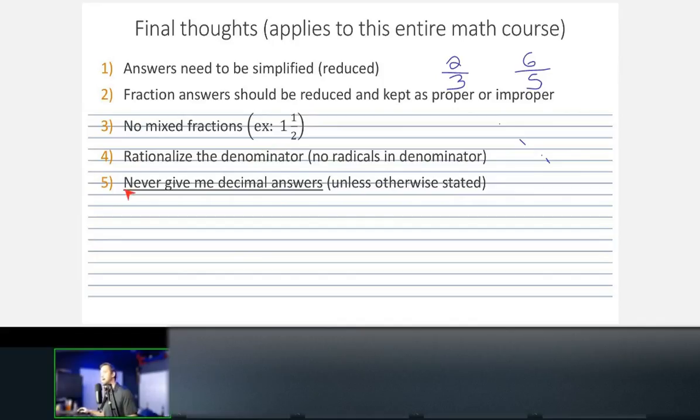And number 5, notice how I underline this. Never give me decimal answers unless otherwise stated, or unless there were decimals in the word problem already, and then it's acceptable. So the rule is, if the problem does not have decimals in it, you should not give me decimal answers ever. Never give me decimal answers.